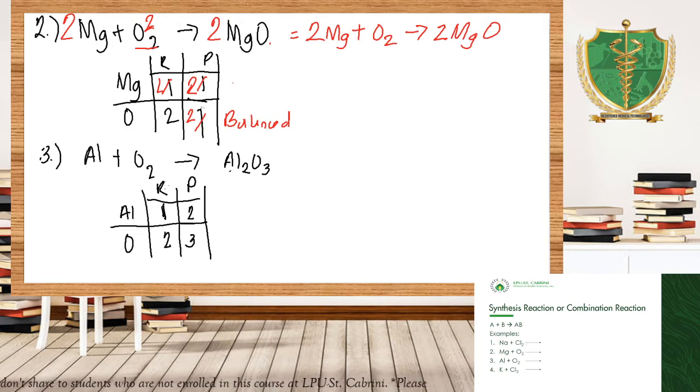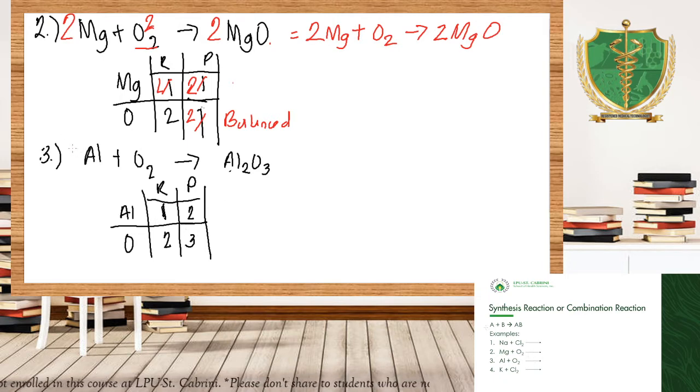So how are we going to do on this? Take note na ang una mong gagalawin is yung pinakamadali mo siyang magagalaw. Now, let's see. So, ano po yung una nating magagalaw? Let's try aluminum. So, 2 ang product, 1 ang reactant.